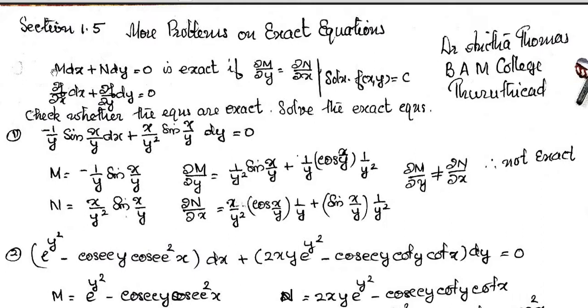What's an exact equation? An equation of the form M(x,y) dx plus N(x,y) dy equal to 0.